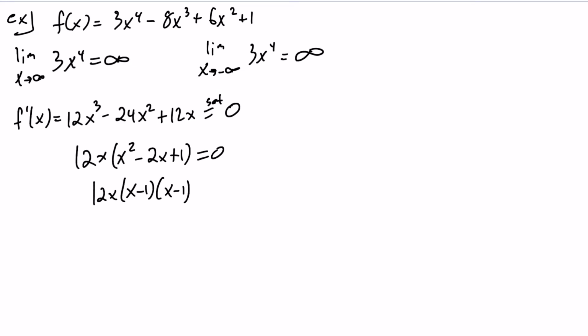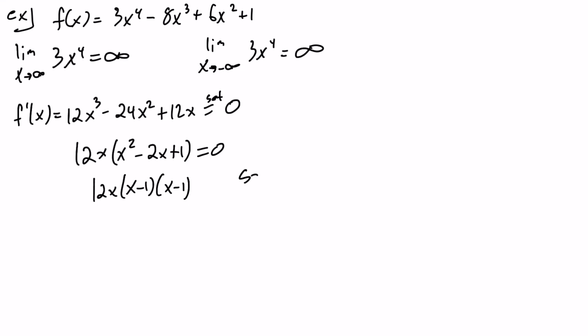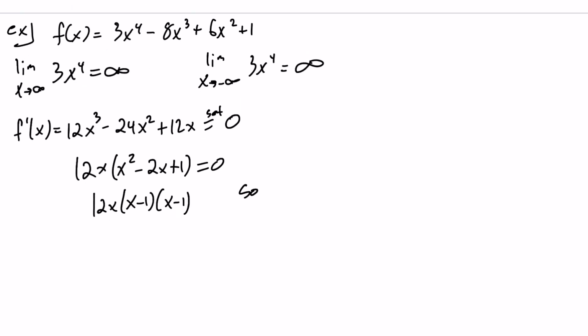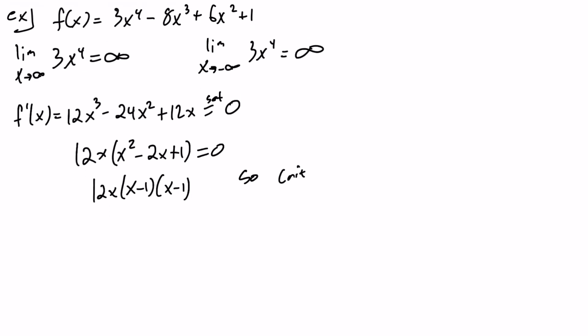So where are our critical points? We have critical points at, well, x equals 0 is one critical point, because if x equals 0, then this whole thing multiplies to be 0. And also at x equals 1, because if x equals 1, both of these are 0. Okay, so we found our critical points.